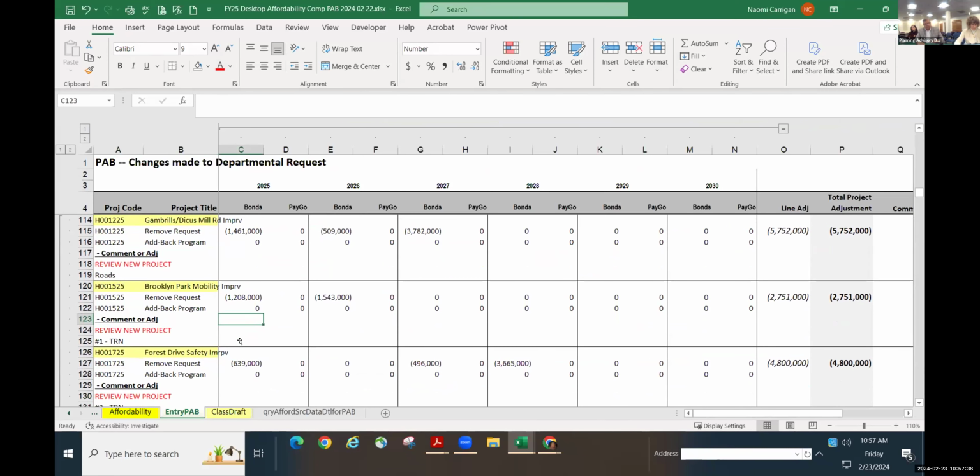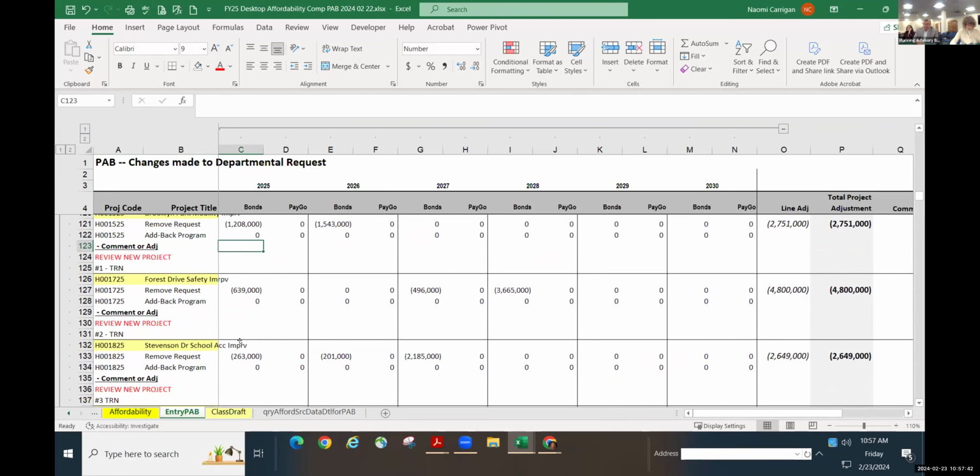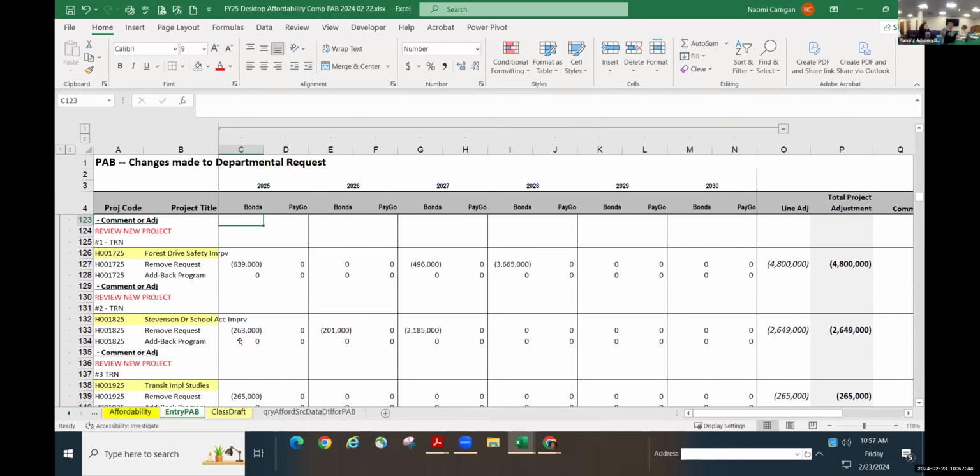My comment with the Stevenson Drive would be that's a 3-year project, and the new high school is going to open later on this year. Is that Cat North? That is the new high school. Oh, Severn Run. Severn Run, right? Let's put that back in, as the last thing you want to do is have continual traffic problems at a brand new school.